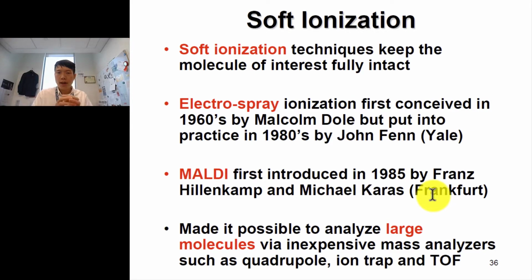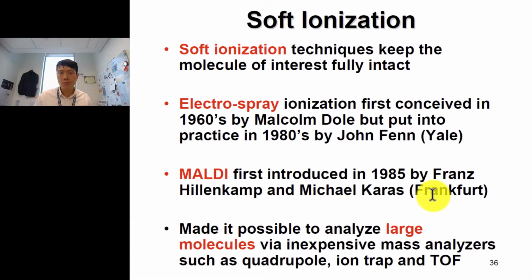Electrospray ionization was first conceived in the 1960s by Malcolm Dole, but a professor at Yale by the name of John Fenn translated it into practice and more research in the 1980s, and he was afforded the Nobel Prize. Sometimes in life it's not about being the first, but who continues it and even ends it.